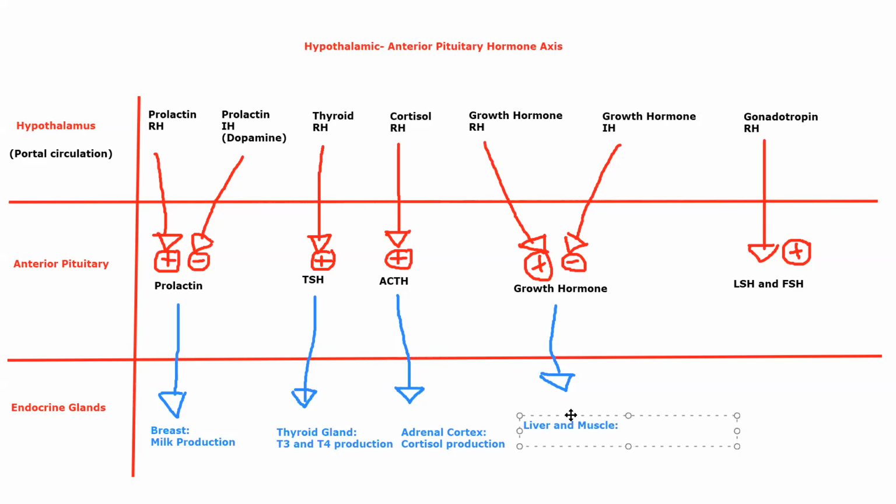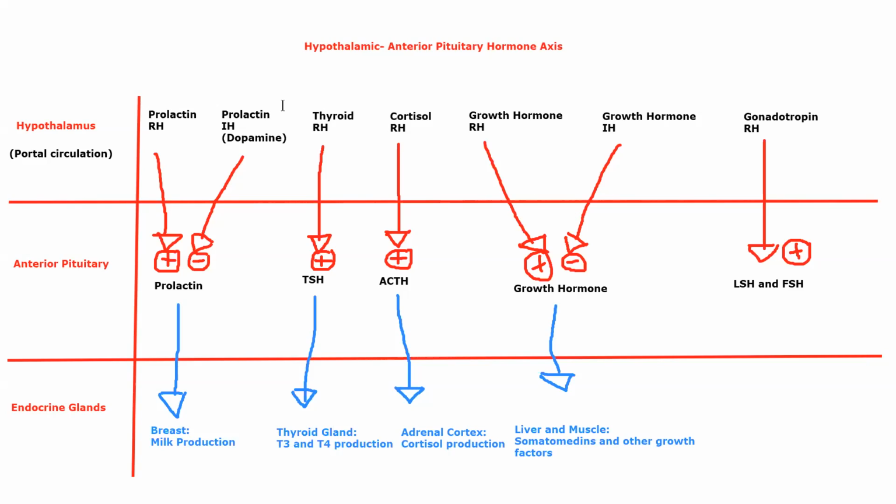And that is going to secrete somatomedins and other growth factors, which is going to basically promote growth. Skeletal muscle growth, bone growth, all of that is influenced by growth hormone.